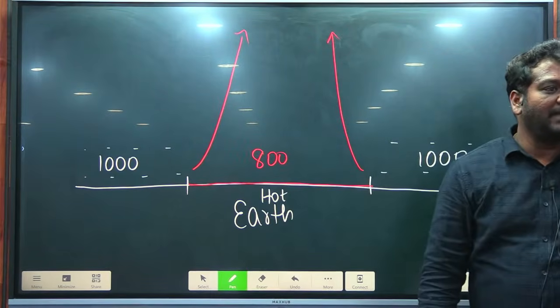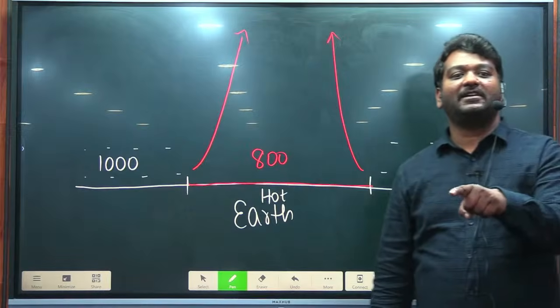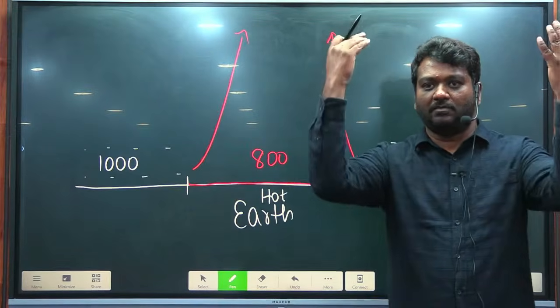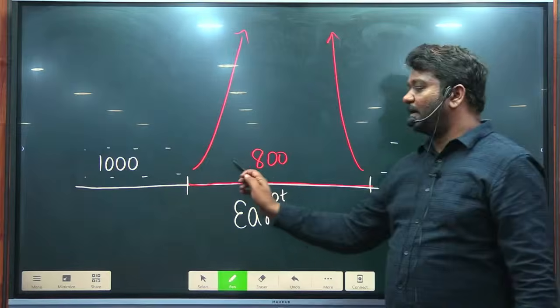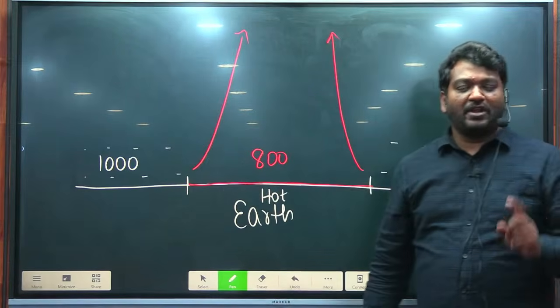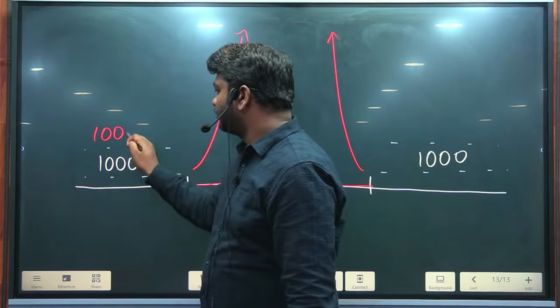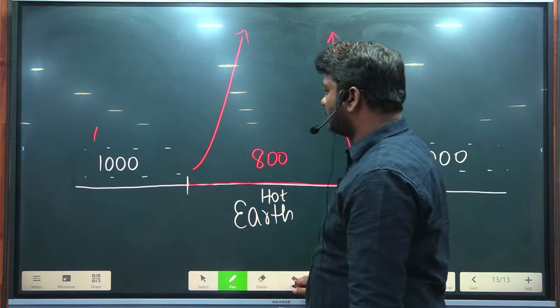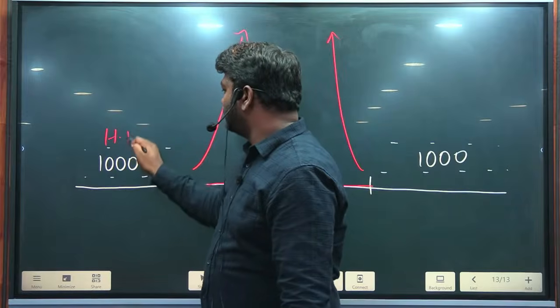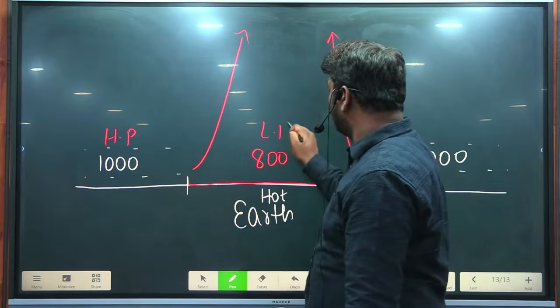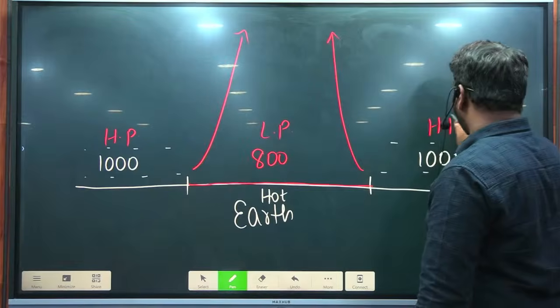Why did particles become 800? Particles went above. As particles went above, the number of particles decreased here. Now can I say this is high pressure? This is high pressure, and this is low pressure.